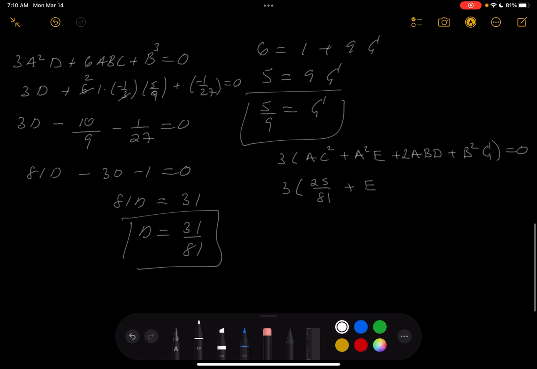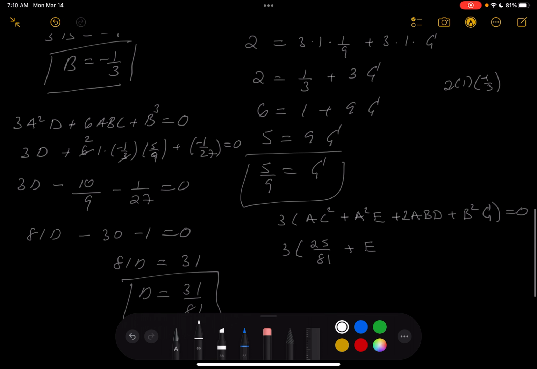And what's D? Oh, 31 over 81. So you can get minus, let's see, minus 62. Error is going to crop into it. I hope I don't make an error. If I made an error before, this is definitely going to be an error. 243.